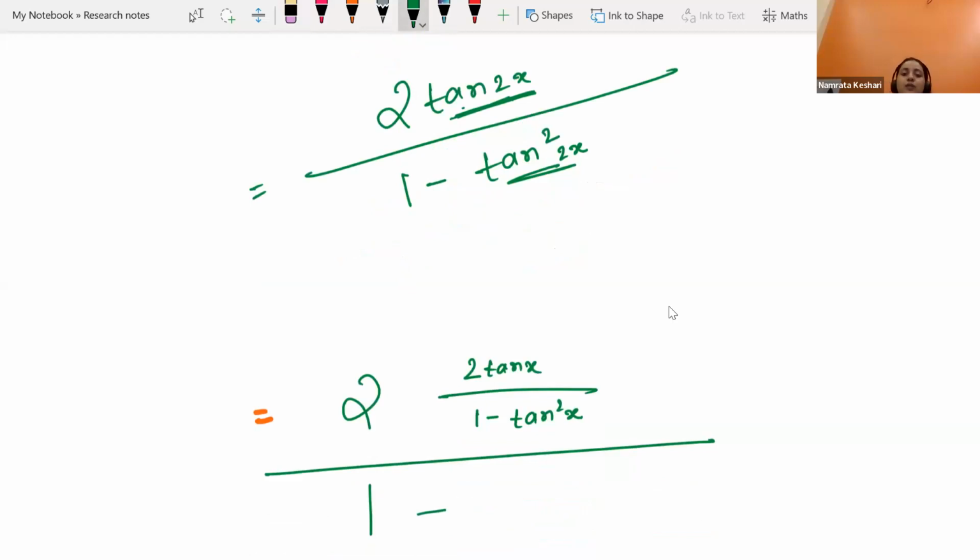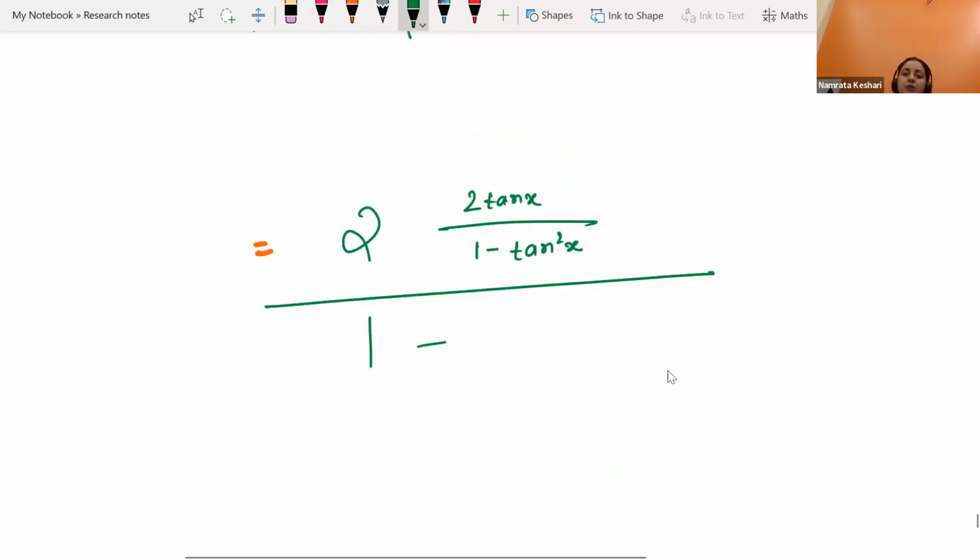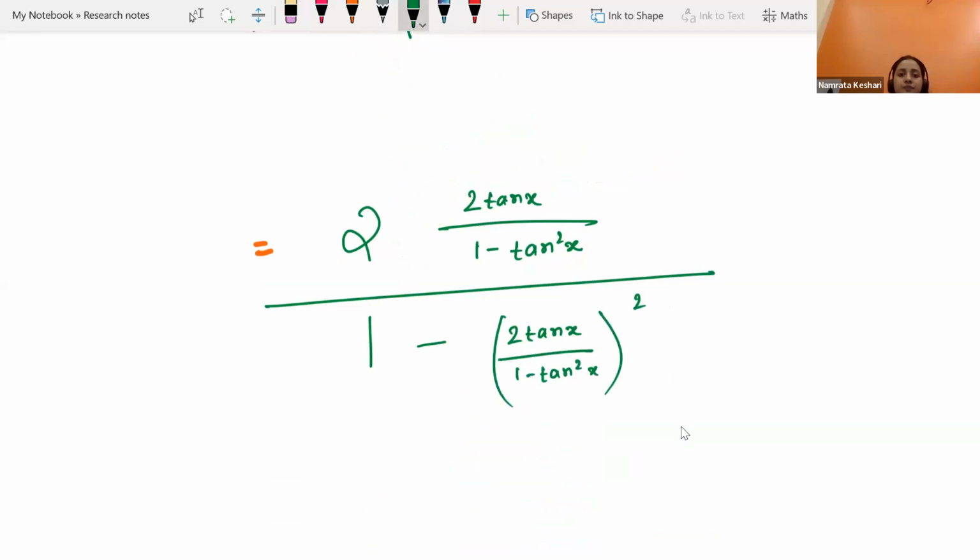So tan square 2x means tan 2x, the complete square, right? Let's use the formula: 2 tan x by 1 minus tan square x, and that is the complete square.